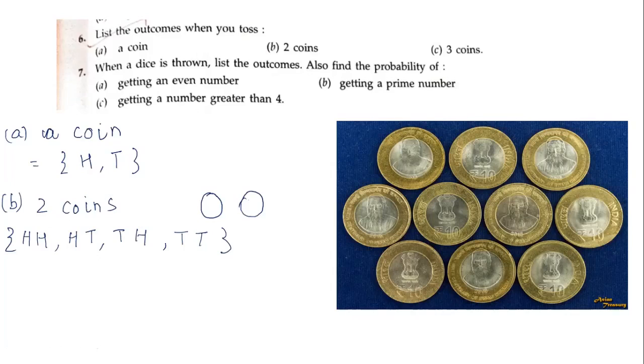No, there is no other possible situation. So this is the sample space for tossing 2 coins.